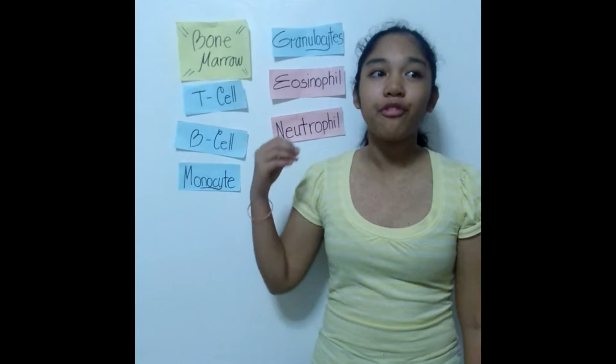Now, we all know that it contains immature cells called stem cells that have the capacity to turn into a number of different types of cells. Now, all blood cells came from pluripotent stem cells and will undergo hematopoiesis.